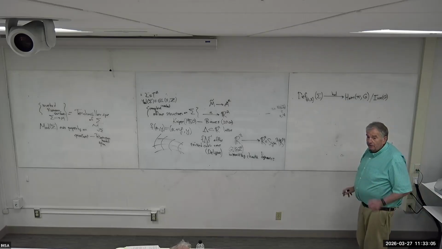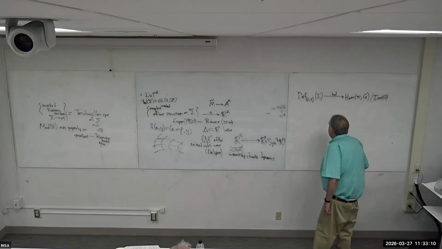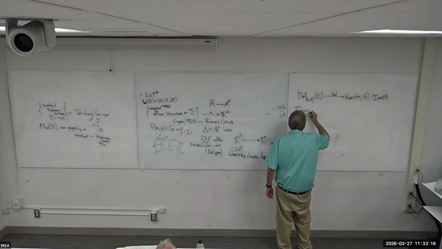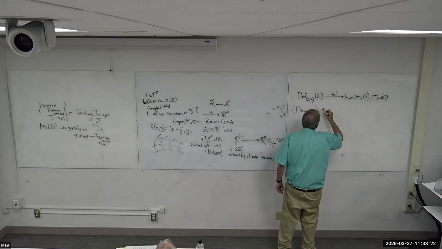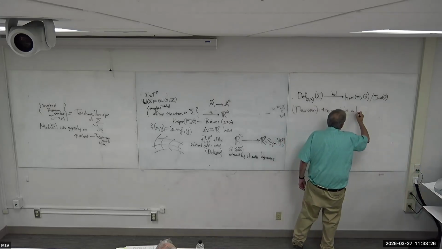This is a fascinating object. In many cases, this map is embedded. And it's a general theorem or paradigm or principle due to Thurston, 1970s, that this map tries to be a local homeomorphism.